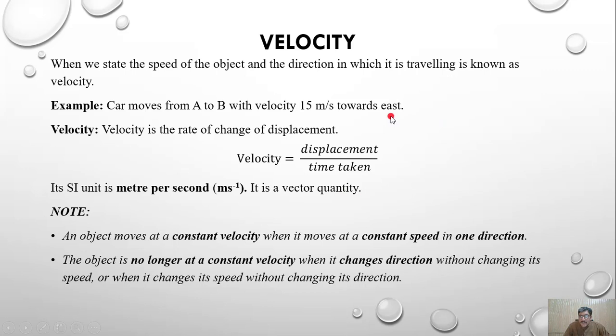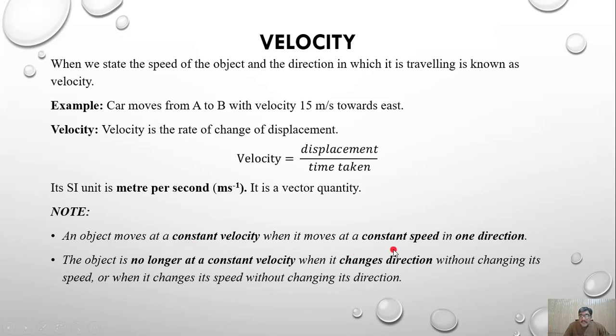Why? Because here we have direction. So note down this thing that an object moves at a constant velocity when it moves at constant speed in one direction. That means if direction is not changing and speed is not changing, then the object is moving with constant velocity.